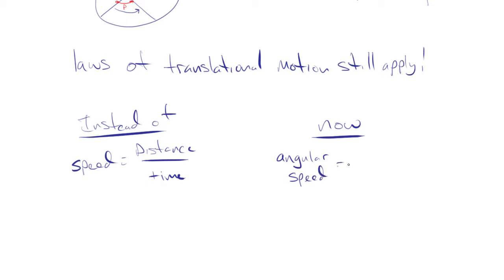And instead of distance over time, it's going to be angular distance over time. All right, and so we're going to get to these definitions in just one second, the definitions of our basic kinematic variables that we're interested in.